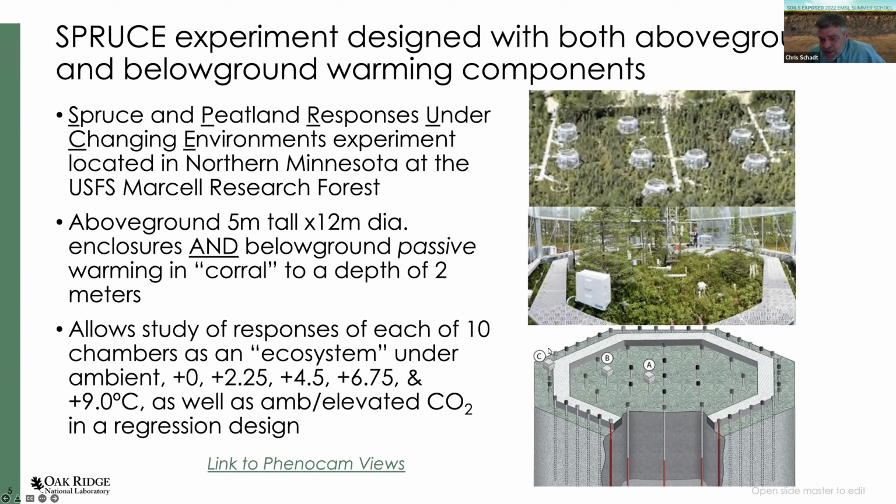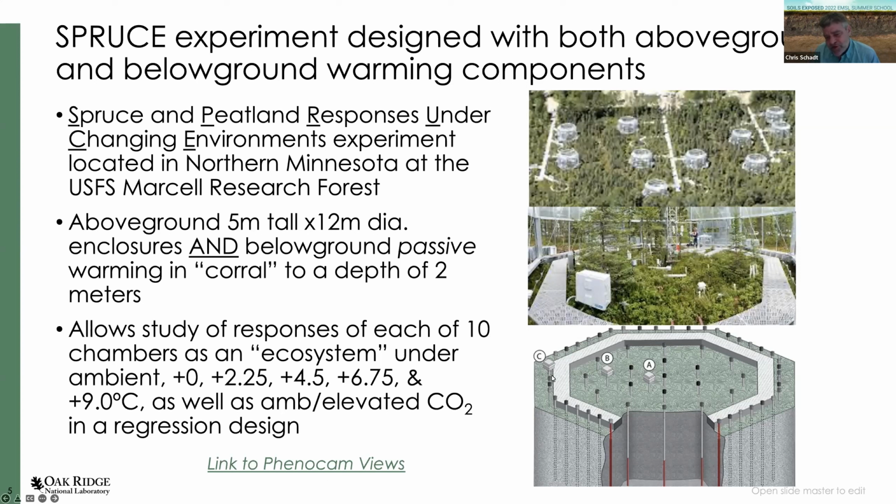Each of these enclosures is surrounded by sheet piling that goes all the way to the mineral interface of the ancient lake bed and the bog itself, so that each of these chambers is isolated not only above ground, but below ground as its own component for each warming experiment.